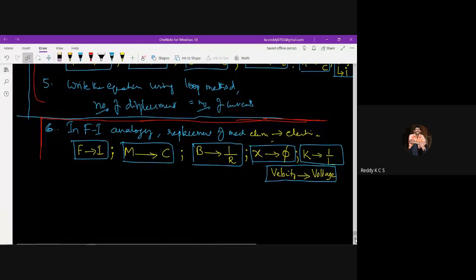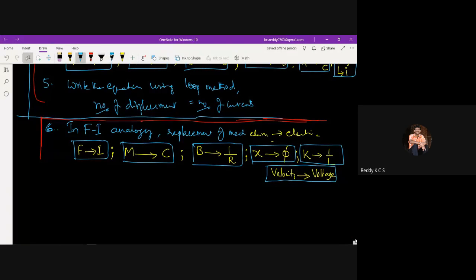Okay, so now the seventh step. Here the seventh step is to simulate the equations using node basis.